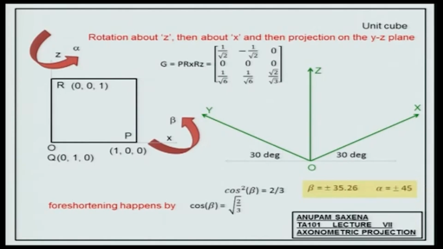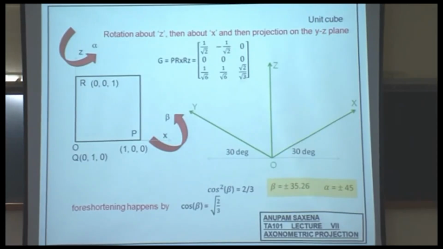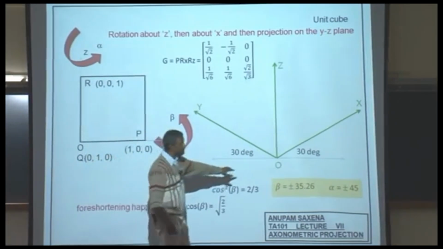So the lengths in all three dimensions have shortened by equal amount, which is root 2 over root 3. Through this lecture, you can understand the math, but the take home message is this part.